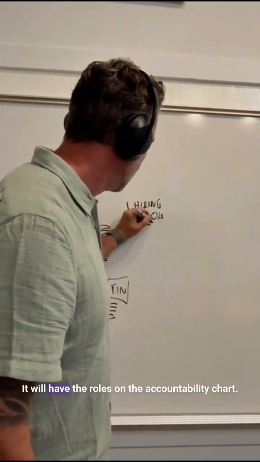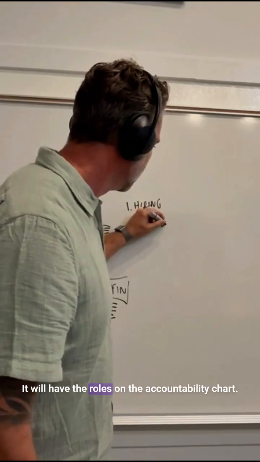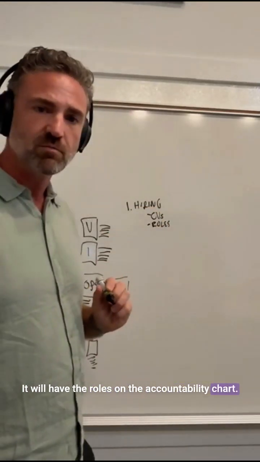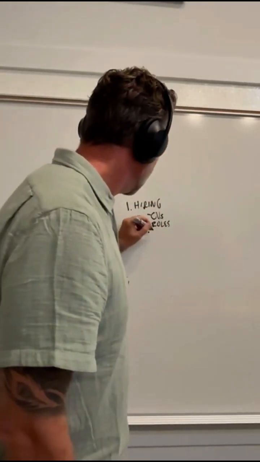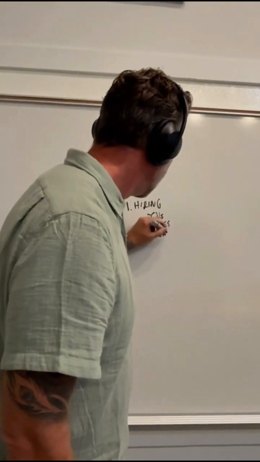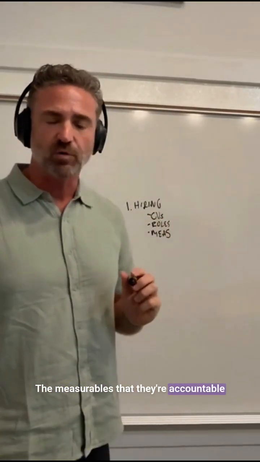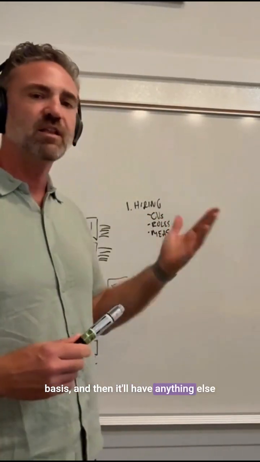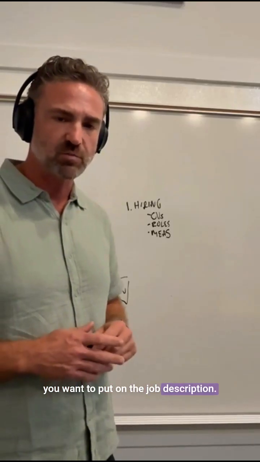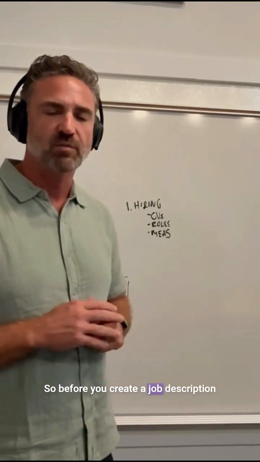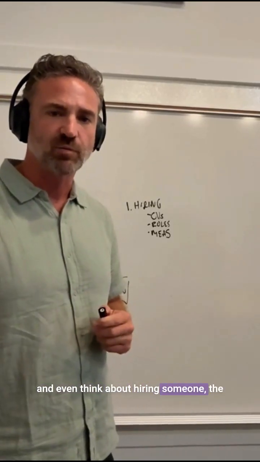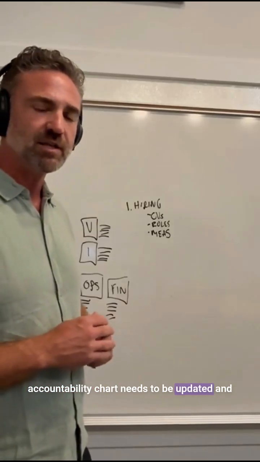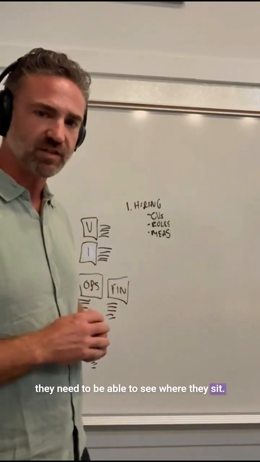It will have the roles on the accountability chart. It will have the measurables that they're accountable for on a weekly, monthly, quarterly basis. And then it'll have anything else you want to put on the job description. So before you create a job description and even think about hiring someone, the accountability chart needs to be updated and they need to be able to see where they sit.